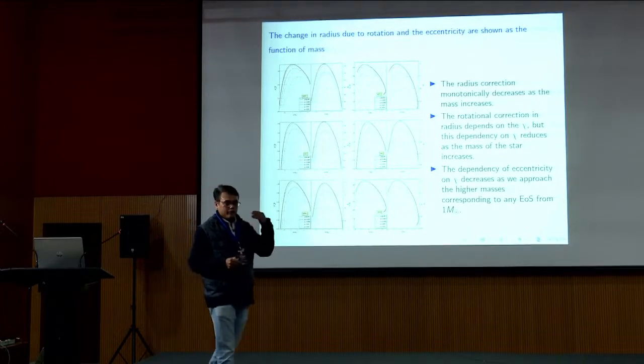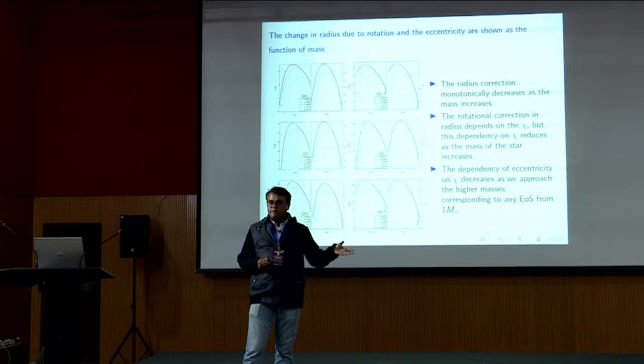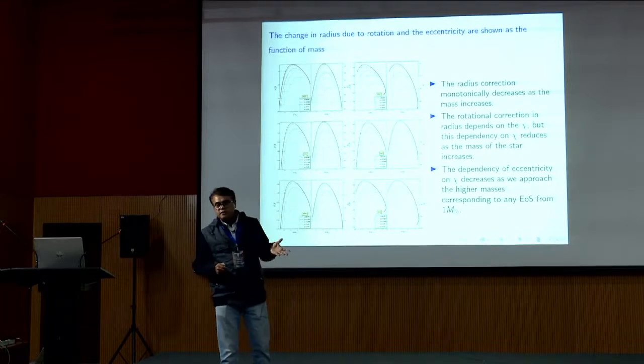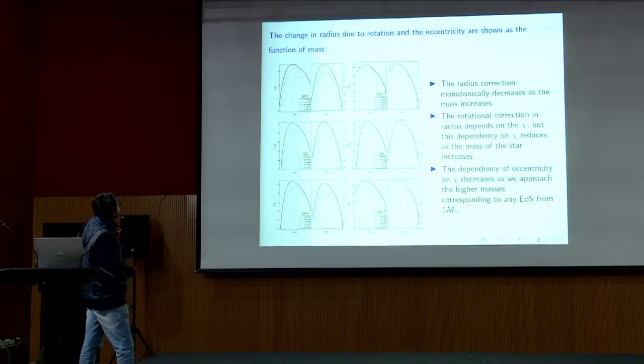Earlier many scientists have done it for GR as well as for FR gravity, but we are the first to do this calculation up to the second order in FRT gravity. That's why we get this change of radius due to rotation, and this type of curve. For the lower masses we see significant changes, but for the higher masses the changes are not significant.